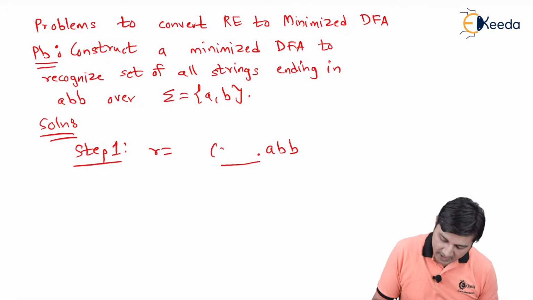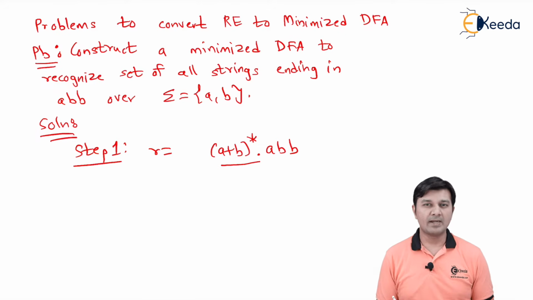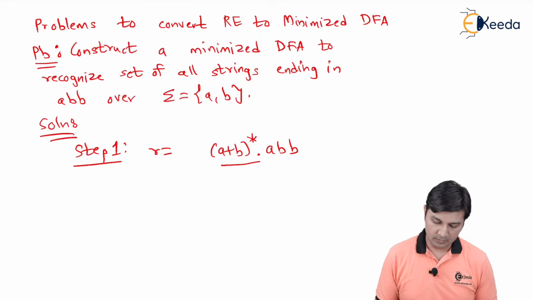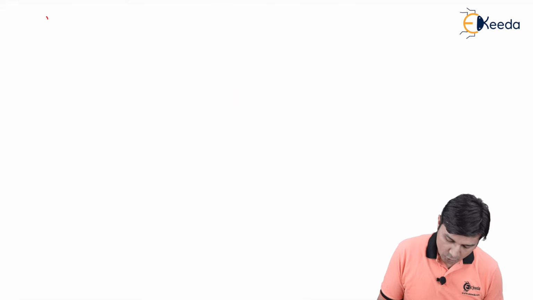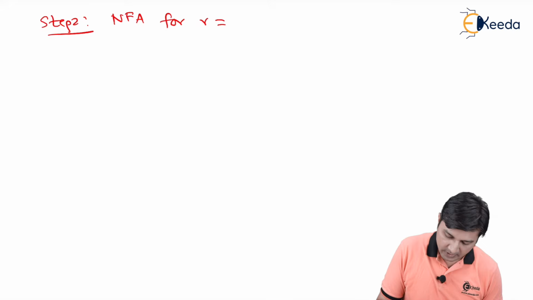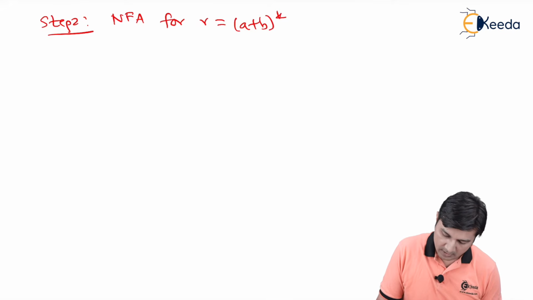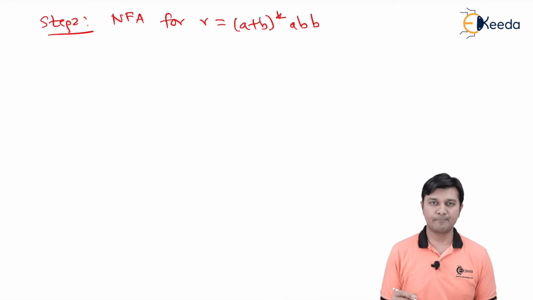So I have my (A+B)* over here, and the diagram for this we have to draw in step number 2. So let's go ahead with the diagram in step 2. Step 2 says drawing the NFA for my regular expression (A+B)*ABB.